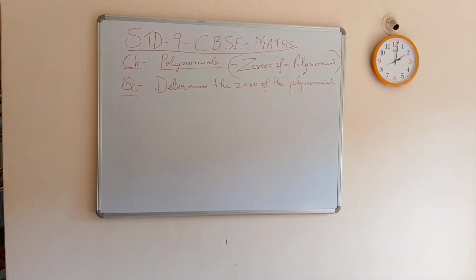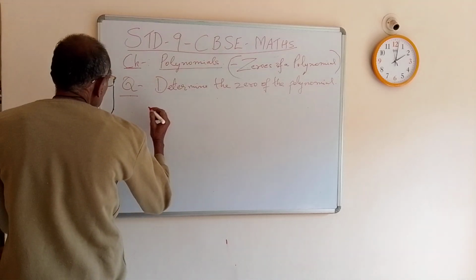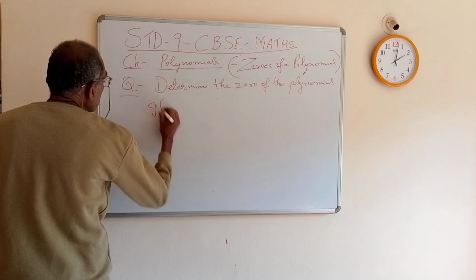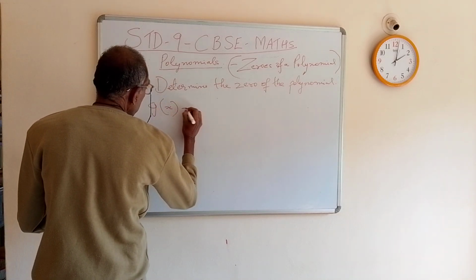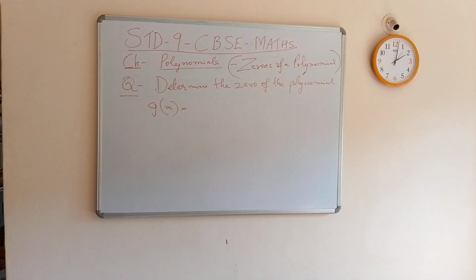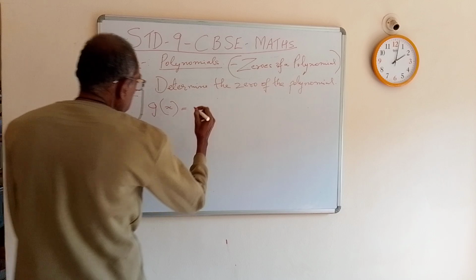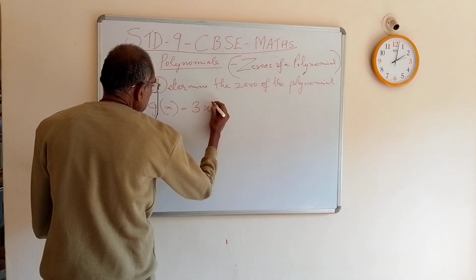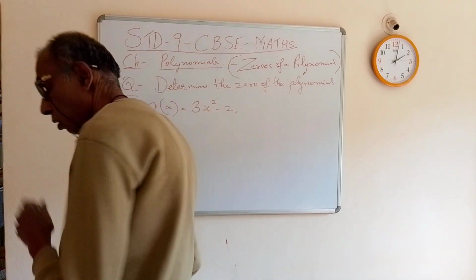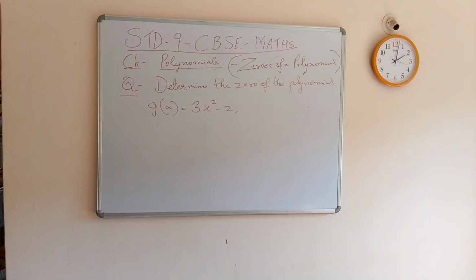We'll see. g(x), the polynomial, is equal to 3x square minus 2. And x is 2 upon root 3.